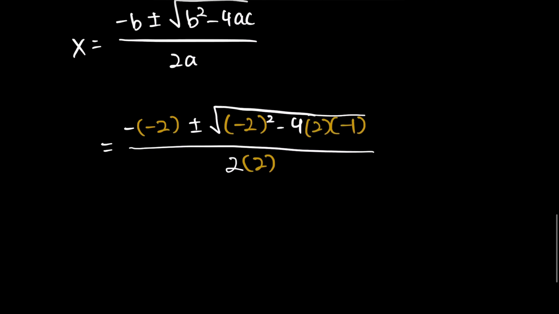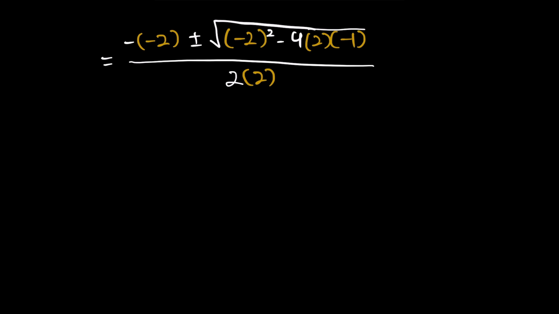Now we want to simplify once again. Over here, firstly, minus minus 2 we can turn into just positive 2, plus or minus the square root. Negative 2 squared is negative 2 times negative 2, which gives you positive 4, since negative times negative gives you positive.